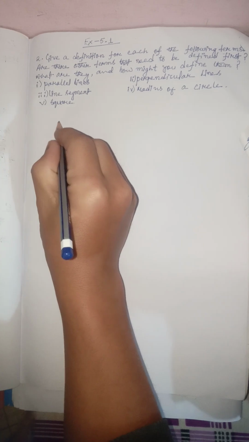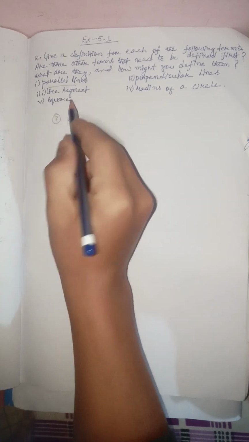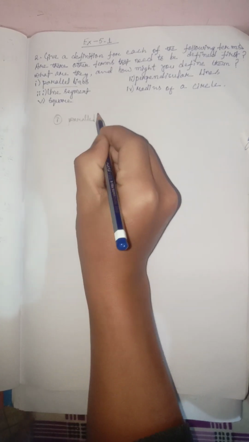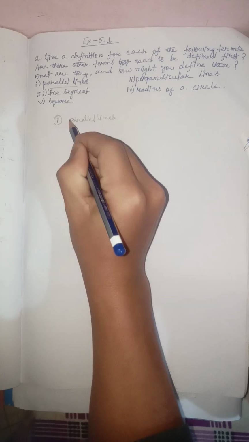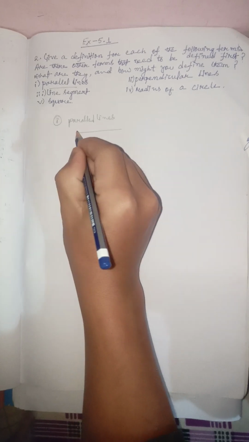Now let me take the first one, which is parallel line. In order to make this definition clear, first let me write it like this. If you talk about parallel lines, there will be two lines and one will be above.